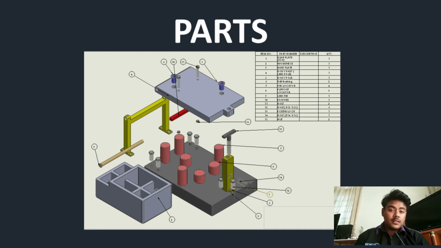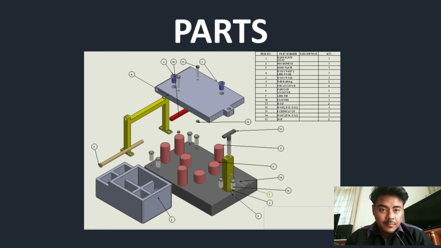For the fix mechanism, first we have pin locators, which locate at the back and the side of the workpiece. Second, we have the stopper, as you can see the red part of the jig. Next, at the front of the jig, we have the screw clamp.